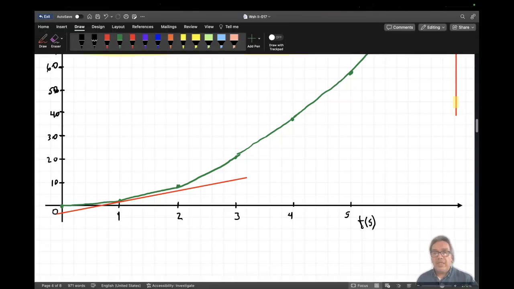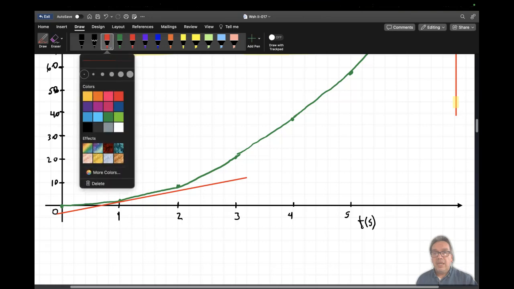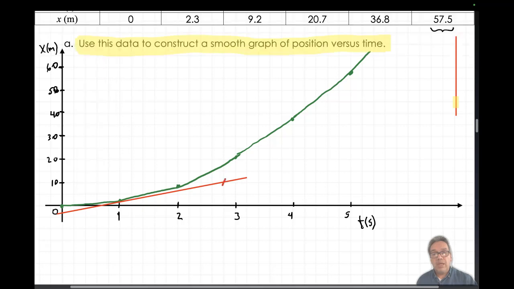What you're going to have then is 2 points that could be, for example, approximately here and the point of contact. And with those 2 points, you can get the slope of this line, which is a measure of the steepness of the green graph right at the point of contact.